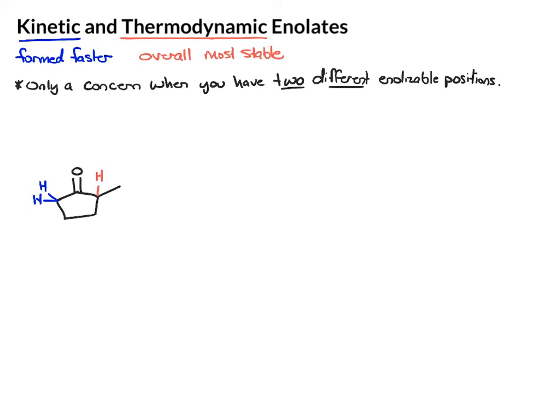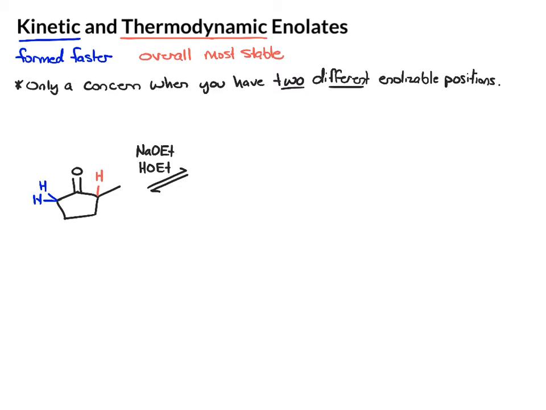So we'll talk about the whys in a second, but if we use a weaker base like sodium ethoxide, and usually when you use a base like sodium ethoxide, it's accompanied by the corresponding alcohol, which will be ethanol.